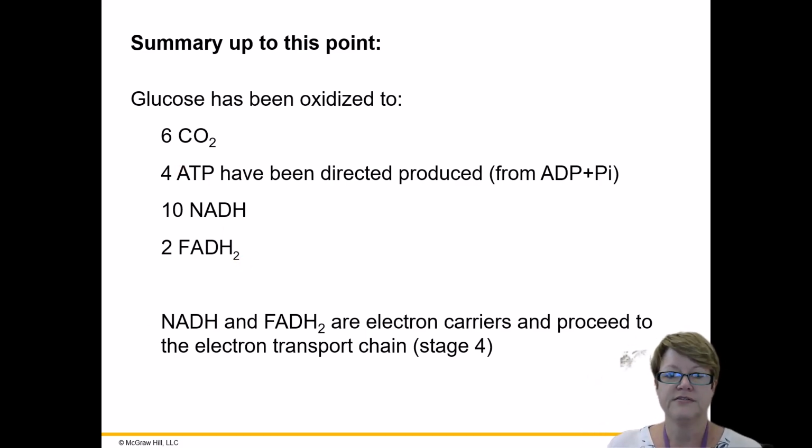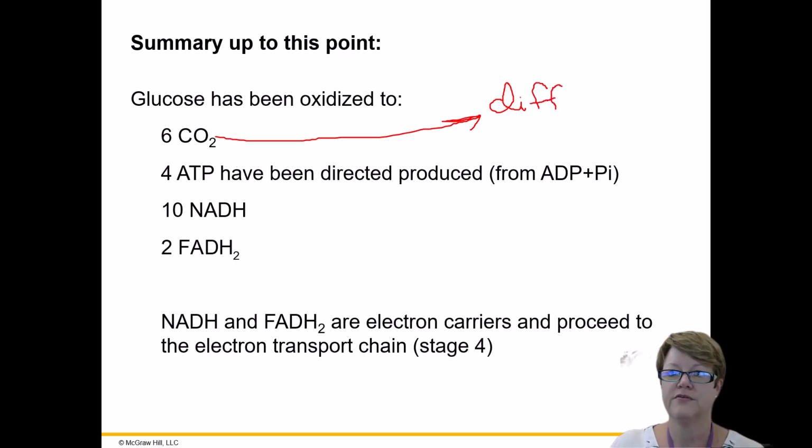At this point, let's talk about where these molecules go from here. CO2, when it's made, it can diffuse out of the cell right away. It doesn't hang around. As soon as CO2 is made, it diffuses across the plasma membrane and out of the cell.